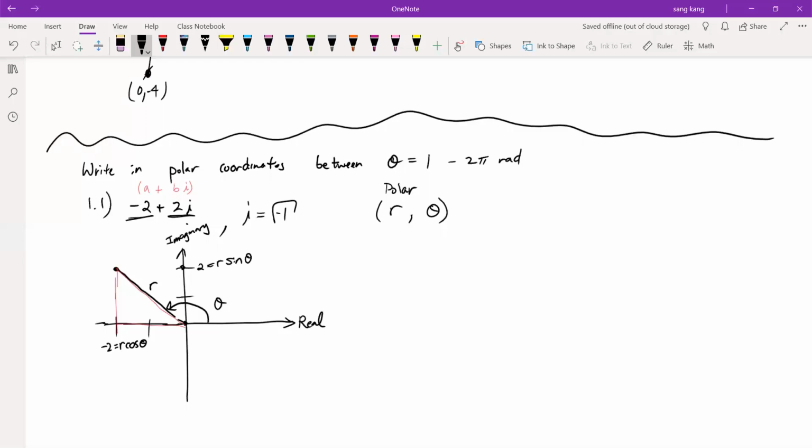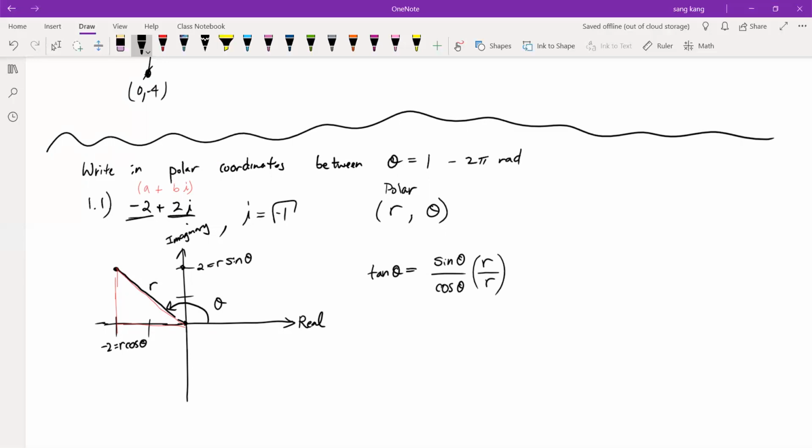And we can say that tangent theta is equal to sine theta over cosine theta, right? And what we can do to make this applicable to our problem is to multiply by r over r, which doesn't change the problem, but now it allows us to use the values that we have in our diagram.